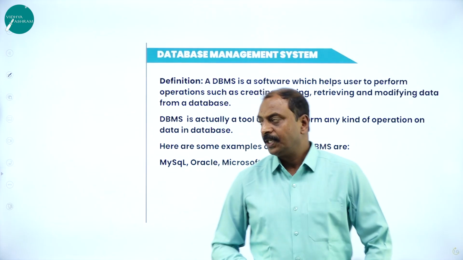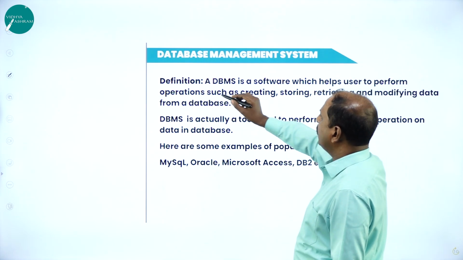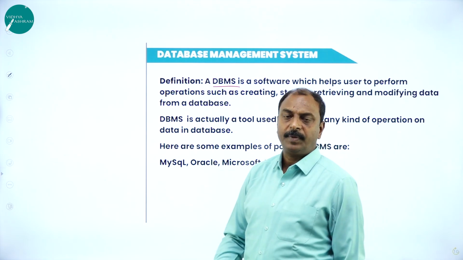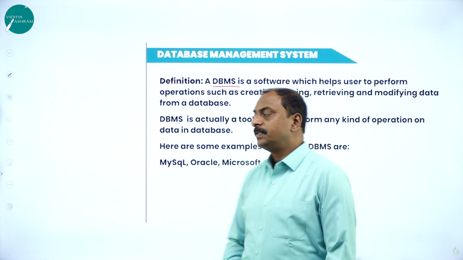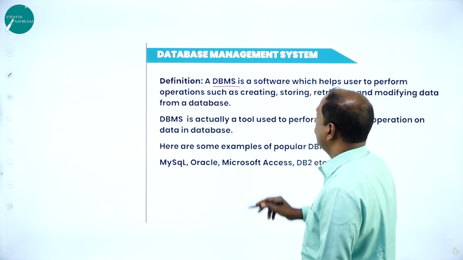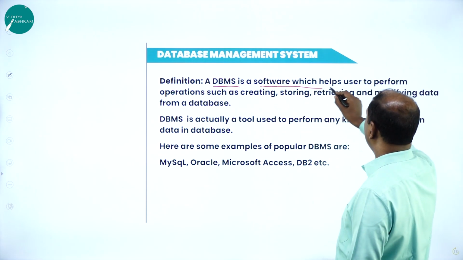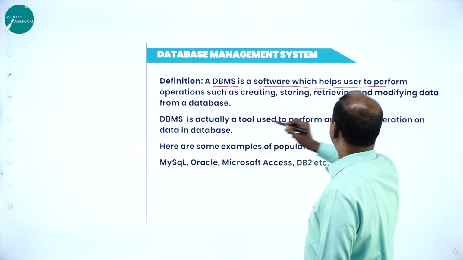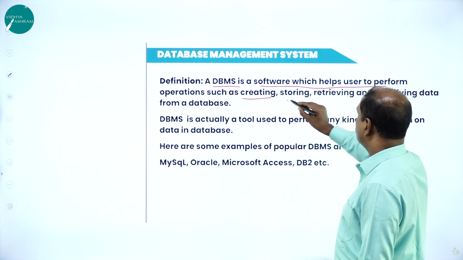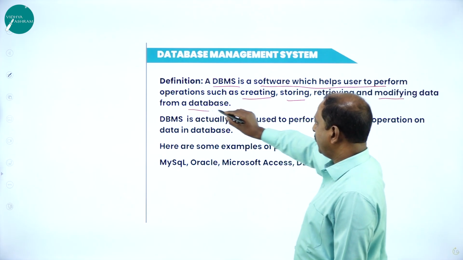Next we will see the definition of a database management system, or DBMS. Here there are two terms: one is database, and the next is database management system. Now let's see the definition. A DBMS is software which helps the user to perform operations such as creating, storing, retrieving and modifying data from a database.